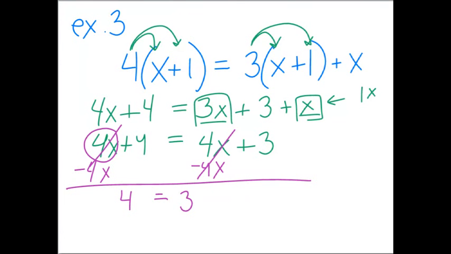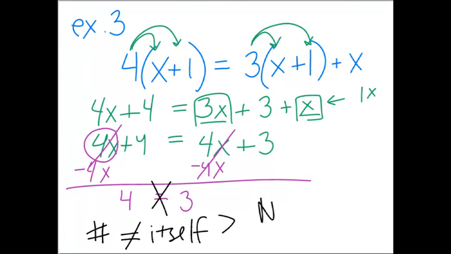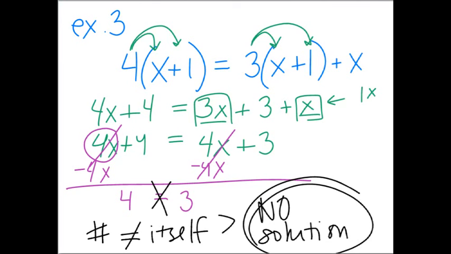Does 4 really equal 3? Will 4 ever equal 3? It does not. That's a problem. If I have a number not equaling itself, that means there is no solution. And if you think about it, what we're saying here is if the left side does not equal the right side, that means there are no x's or no variable anywhere that would work.